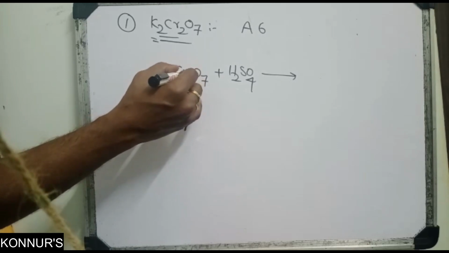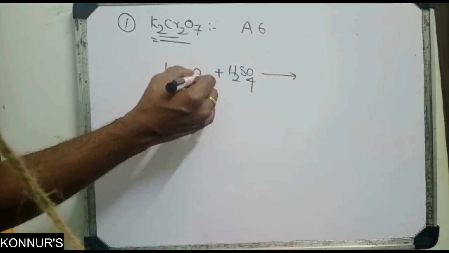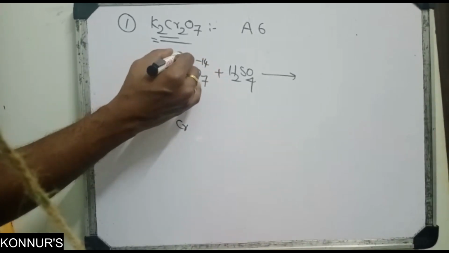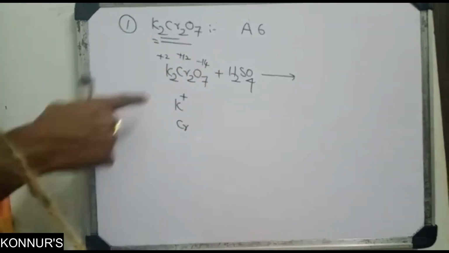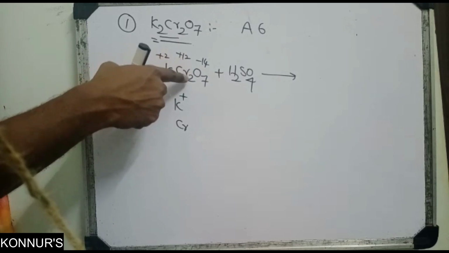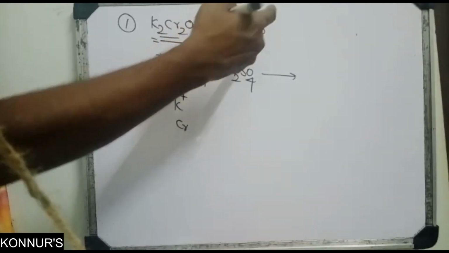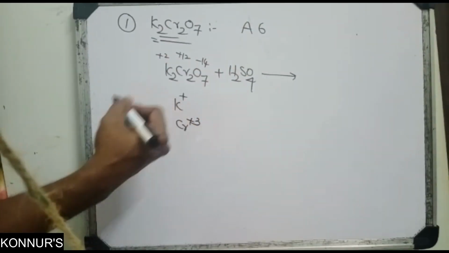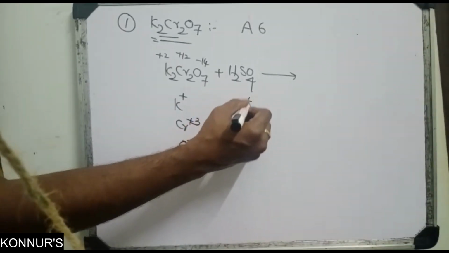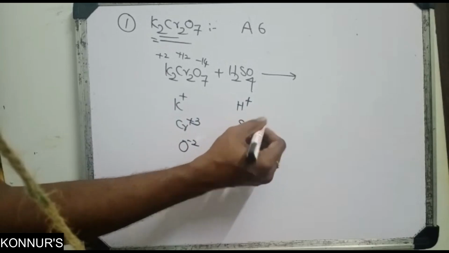Total: 7 oxygens, 7 twos are 14. Of that 2 is gone, the remaining is plus 12. So 2 chromiums are plus 12, which means 1 chromium is plus 6. How many electrons are exchanged? 6. Means chromium becomes plus 3. Oxygen is minus 2. Here H plus, here SO4 minus 2.